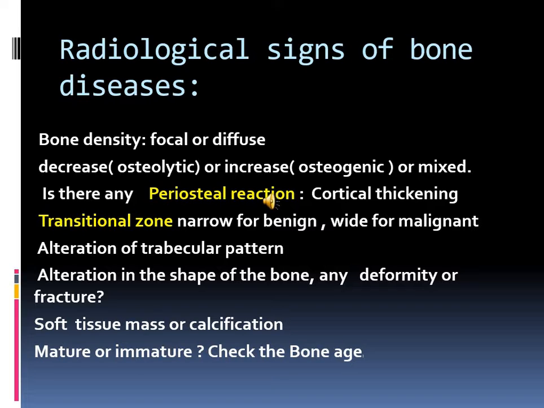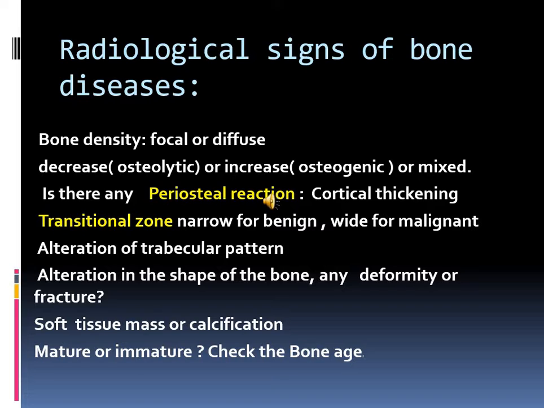You should also notice if the density is high or low. I mean, if there is any decrease in the bone density, we can describe it as osteolytic, or it could be increased and we describe it as osteogenic. Sometimes we have a mixture of both of them, and we call it a mixed component of both osteolytic and osteogenic lesion.